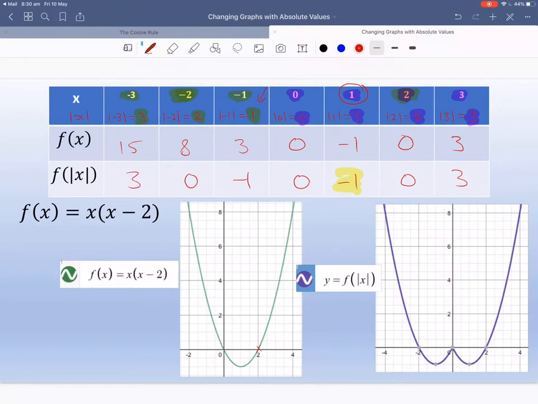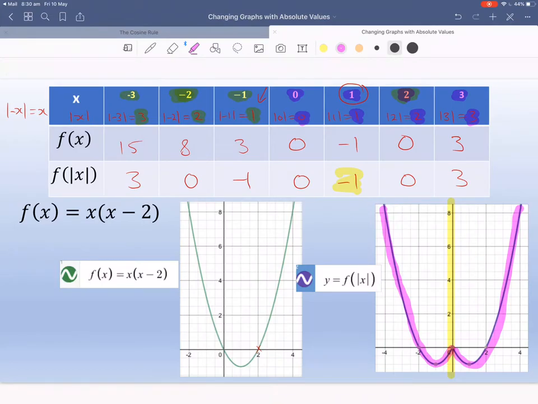And what ends up happening is that the y-axis ends up becoming like some sort of mirror, and the reason for that is all the absolute values of -x become +x. So it does the same thing. This is what it did before, and on the negative side, it does the same thing as the positive side. So it becomes some sort of reflection there.